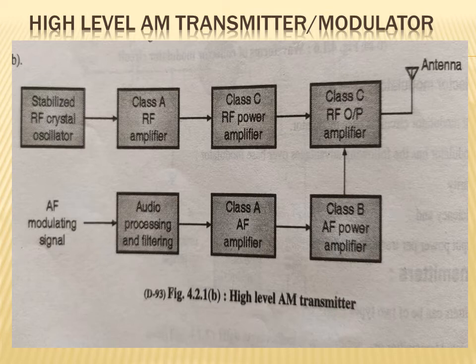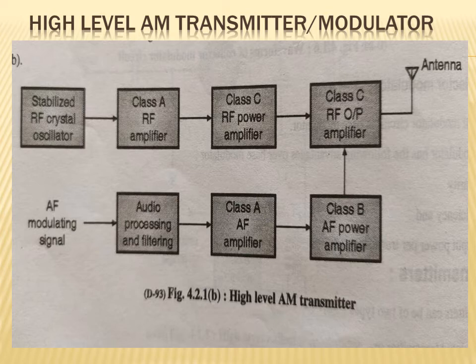Again, in this we are going to generate an AM signal from the modulating signal and carrier signal. We will see the function of each block. The first block is the stabilized RF crystal oscillator, which is used to generate a high frequency carrier signal.